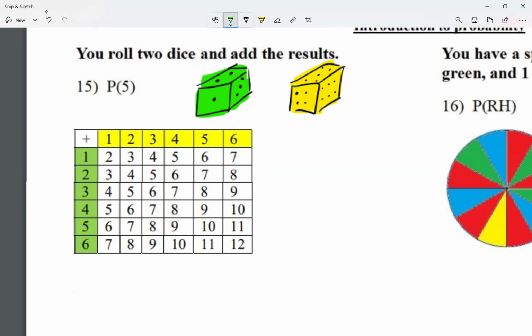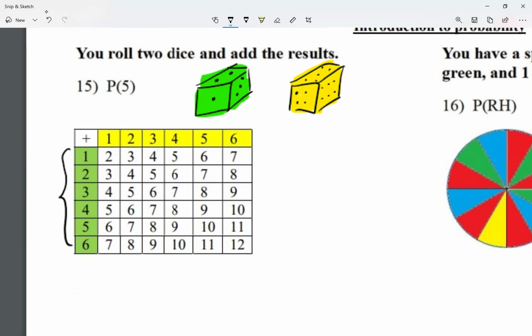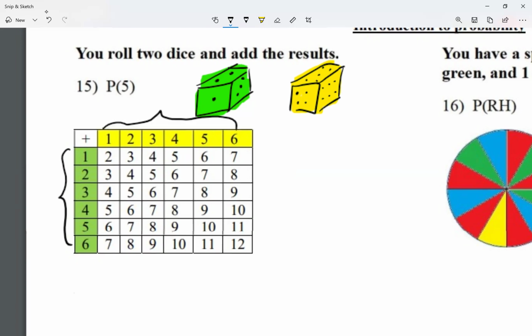The table here at the bottom is basically all my outcomes. On my green die, I can get from 1 through 6. On the yellow die up here, I can get 1, 2, 3, 4, 5, or 6. The same results, right? I roll my dice, and then in white, in the center, are my results.